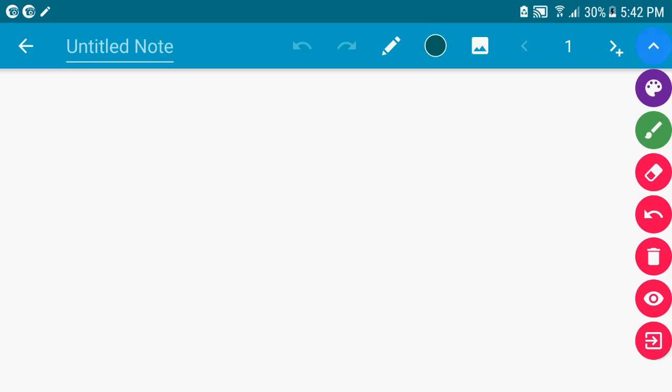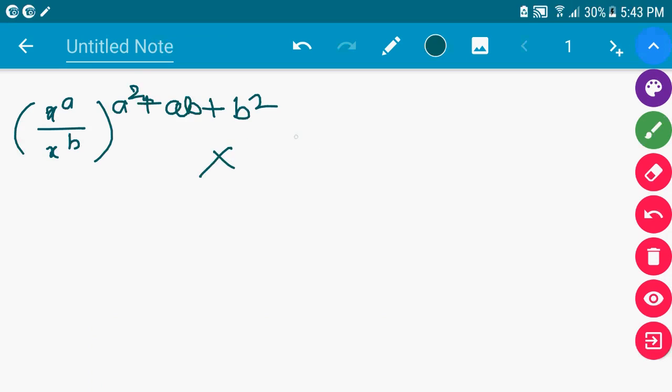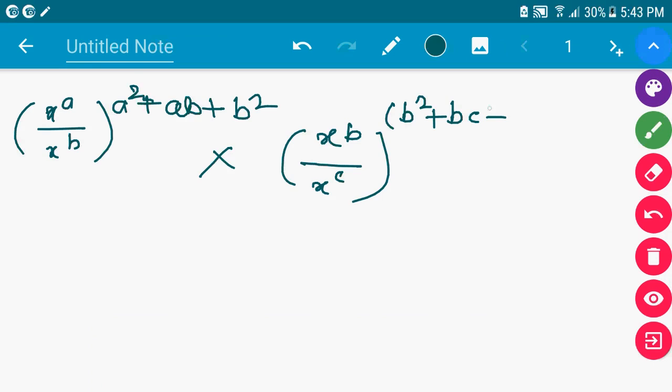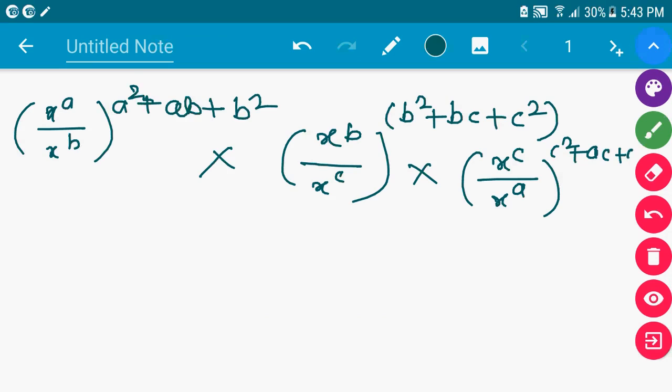So first what is given to us is x raised to a upon x raised to b, bracket raised to a square plus ab plus b square, multiplied by x raised to b upon x raised to c, bracket raised to b square plus bc plus c square, and multiplied by x raised to c upon x raised to a, and bracket raised to c square plus ac plus a square. Okay, this whole thing is given to us.